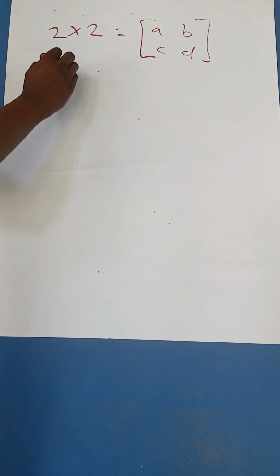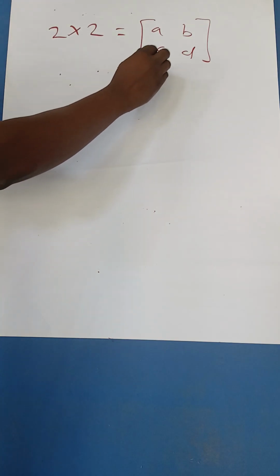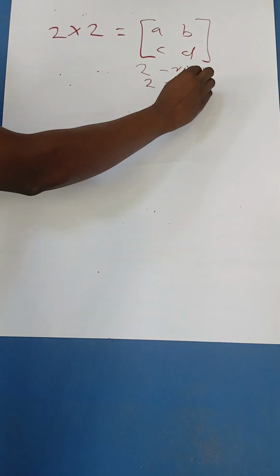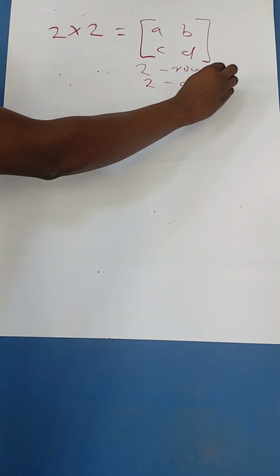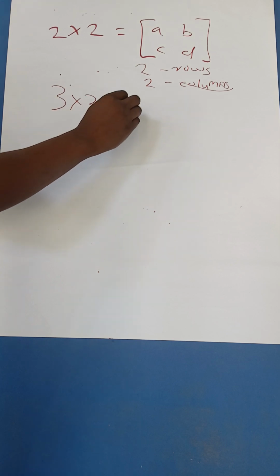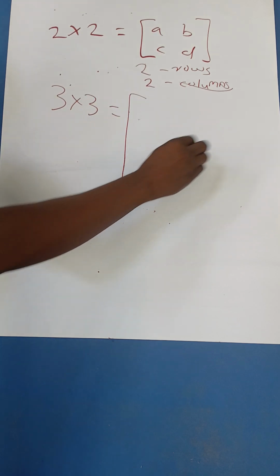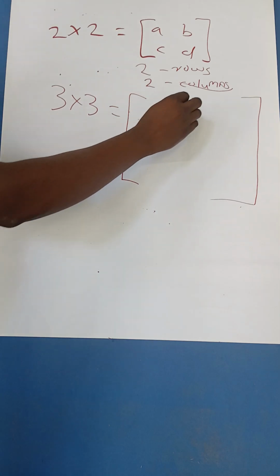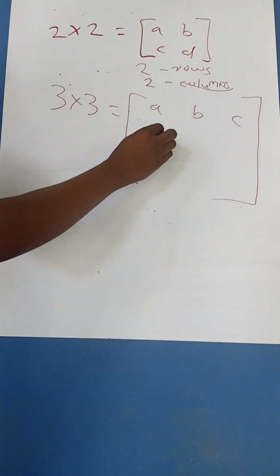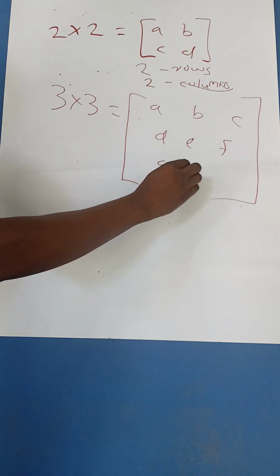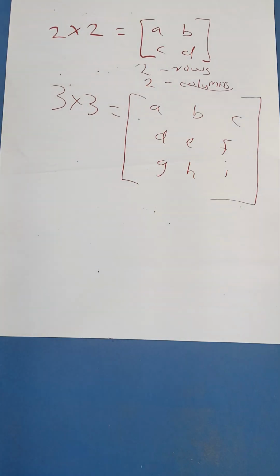We say 2 by 2 because it has 2 rows and 2 columns. Now the 3 by 3 matrix looks this way: A, B, C, D, E, F, G, H, I. You see, that is a 3 by 3 matrix.